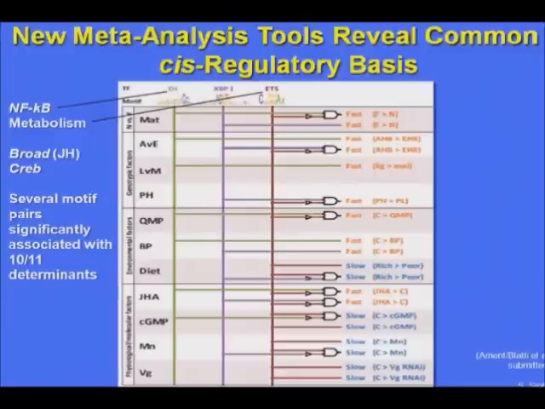This gives us a picture that there is an underlying regulatory architecture, or to put it more simply, that all of those different determinants, the 11 different determinants, are acting in common. They are converging on some transcriptional regulatory pathways to regulate the rate of behavioral maturation in response to social environment.